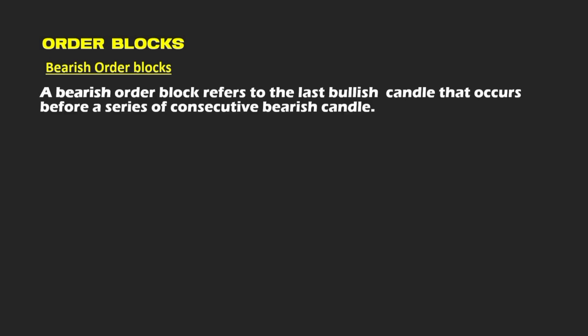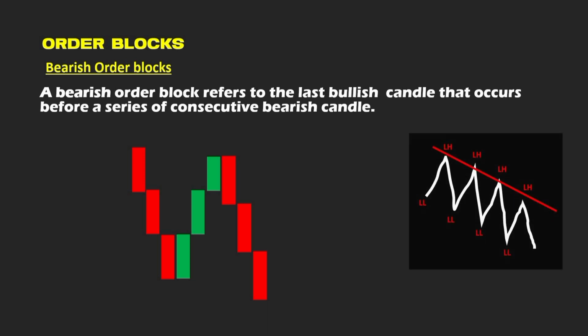So now, let's take a look at the bearish order block. What is a bearish order block? A bearish order block refers to the last bullish candle that occurs before a series of consecutive bearish candles. So, if we were in a downtrend, just as illustrated below, we know that we are going to create lower highs and lower lows.